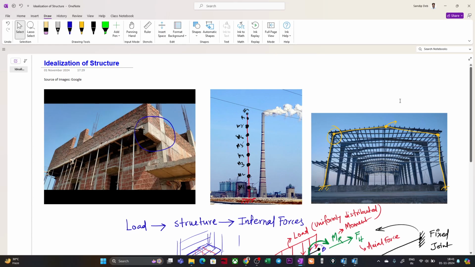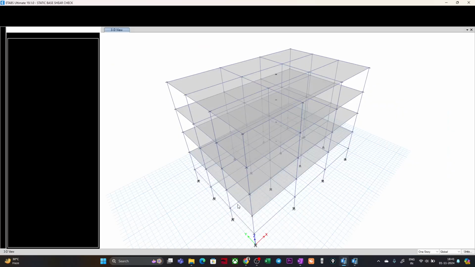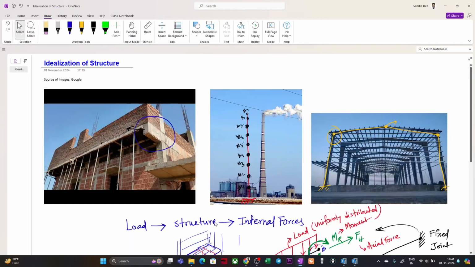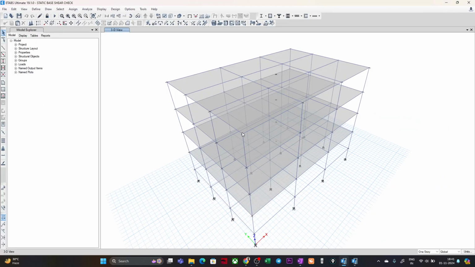Like if you see, if I just open a structural model, you see here, this is a structural model, an analytical model we call this, right? So this is basically a building. I have idealized this building into these lines, which are beams and columns, and these are two-dimensional planes, which are representing the behavior of the concrete slab, right?